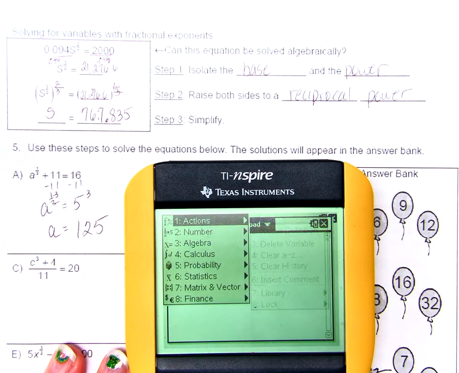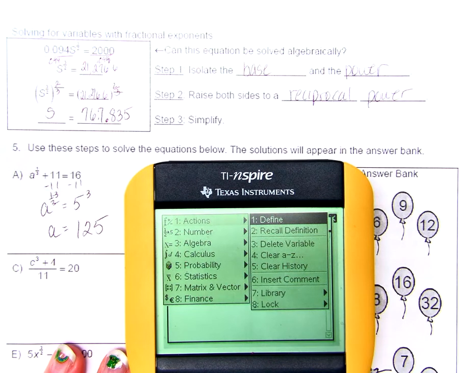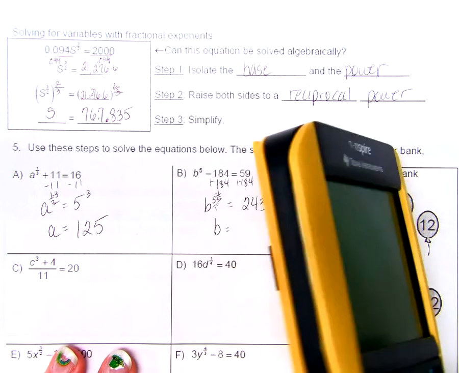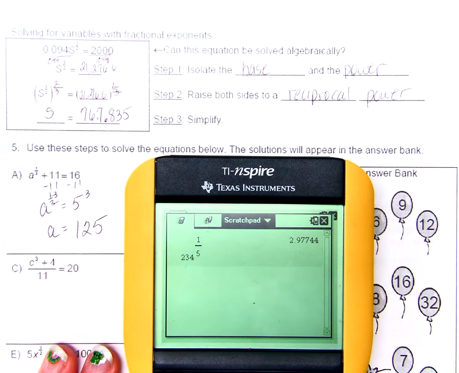In our actions, we can clear the history, and that'll clear our scratch pad for us. Okay, so we know that we can say 243 raised to the 1/5 power.